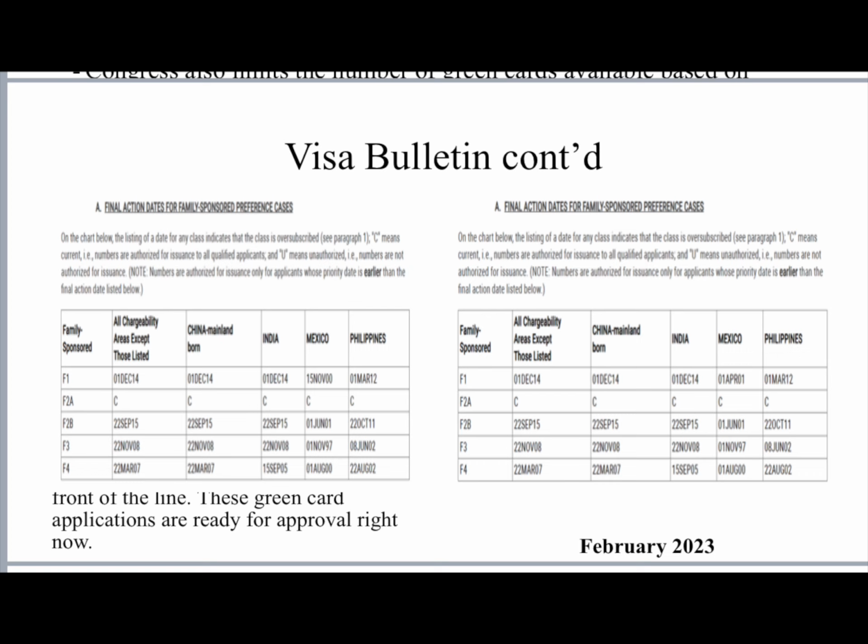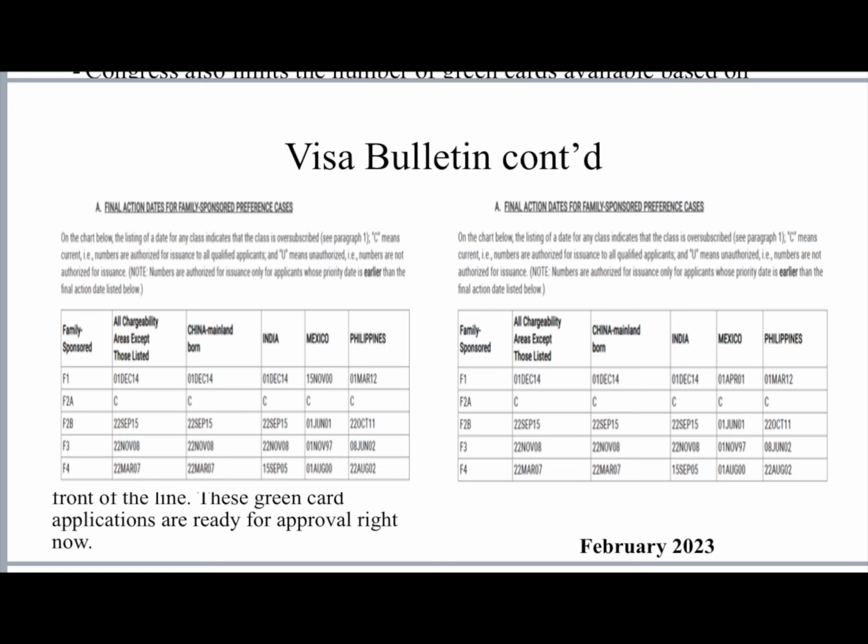Let's orient you to the first bulletin, which is the January 2023 bulletin. The first column that says family sponsored, you see they have the F categories, right? Then the next column says all chargeability areas except those listed.